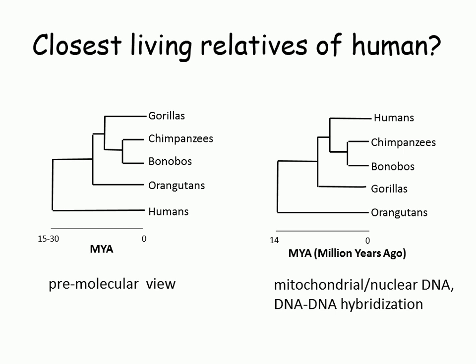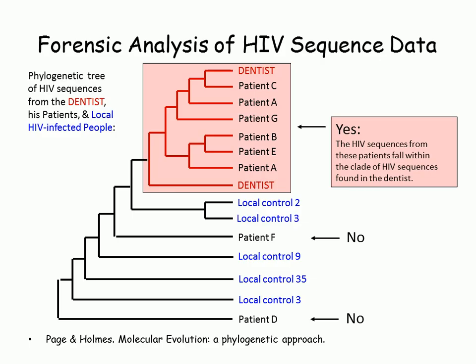And the level of complementarity will determine how strongly they bind to each other. So the stronger they bind, the more similar the DNA sequences are. And that level of complementarity can be measured and used to construct this evolutionary tree.